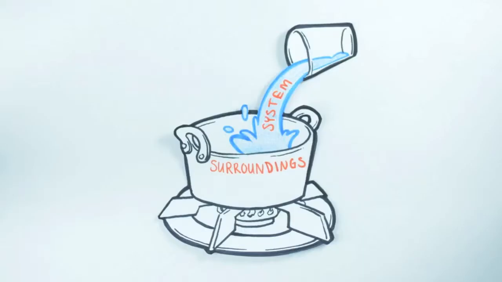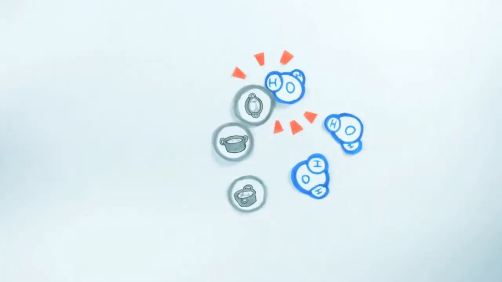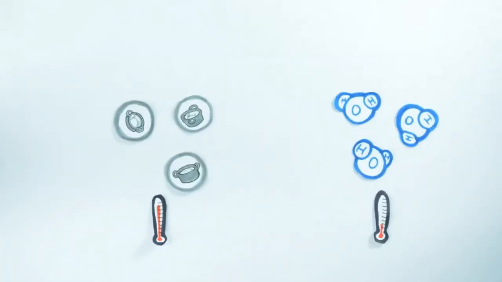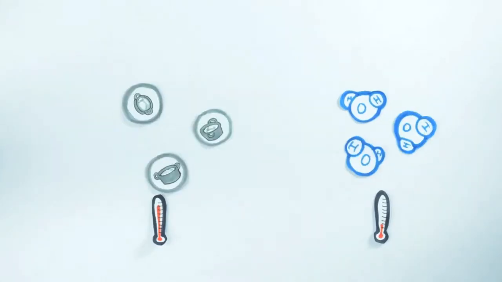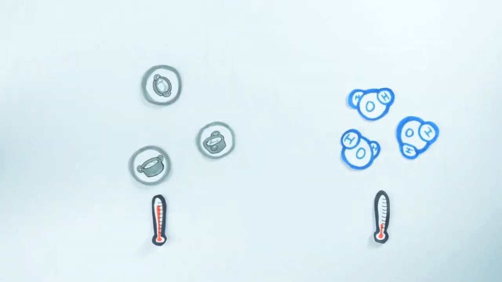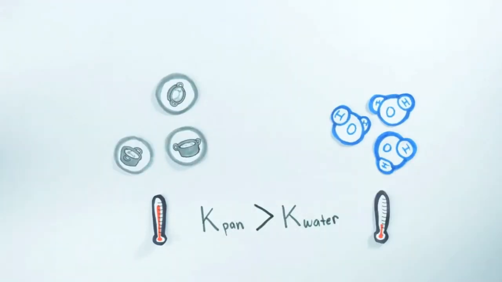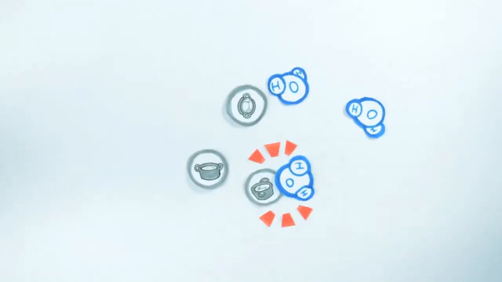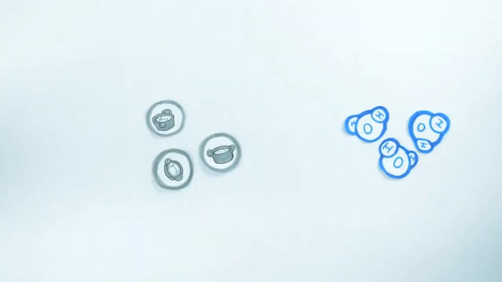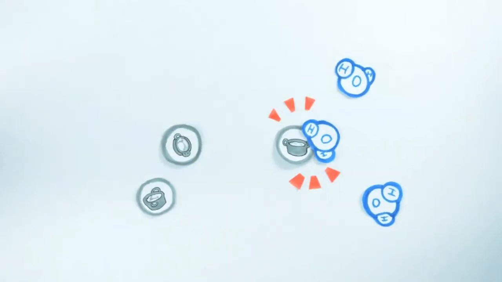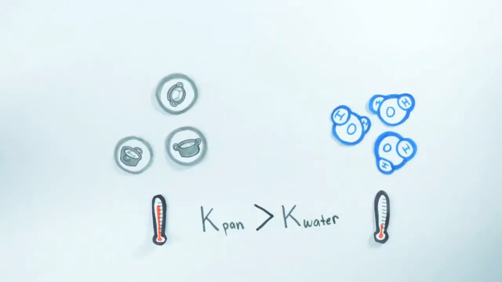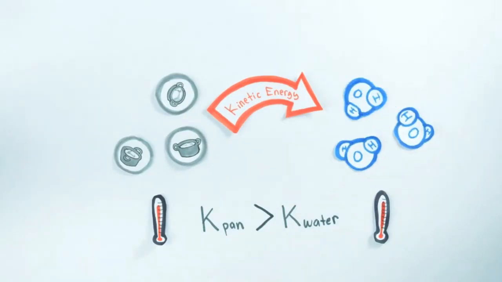Now, when we place the water in contact with the pan, then some of the molecules of the pan and the water will collide with each other. The fact that the pan is at a higher temperature compared with the water means, among other things, that the molecules of the pan will have, on average, a higher kinetic energy than the water molecules. So higher kinetic energy pan molecules colliding with lower kinetic energy water molecules will result in energy transfer from the pan molecules to the water molecules.